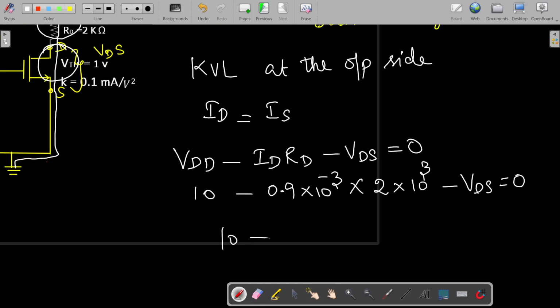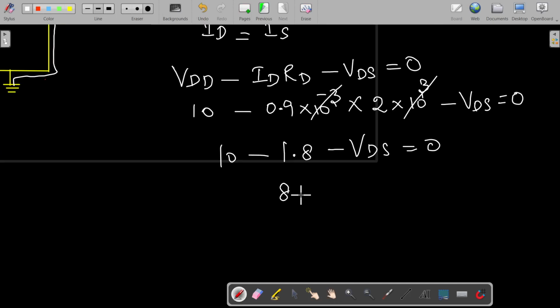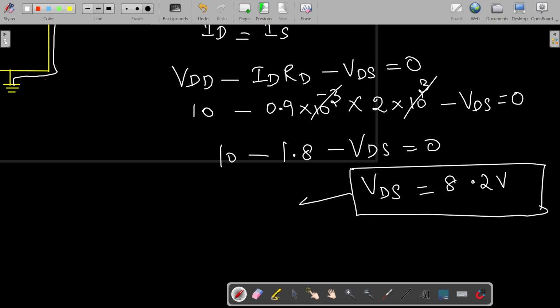So it is 10 minus, these powers cancel out, 1.8, minus VDS equals 0. So VDS is equal to 8.2 volts. This is the required second answer.